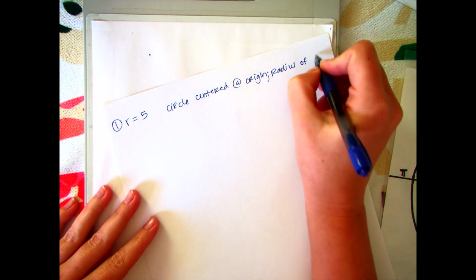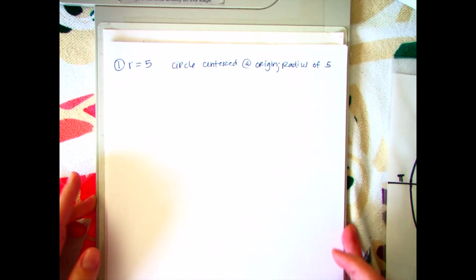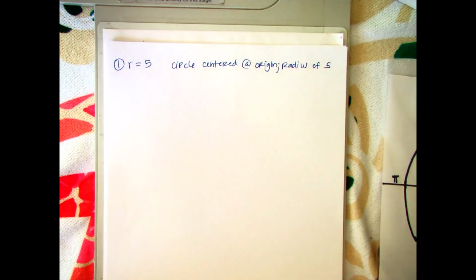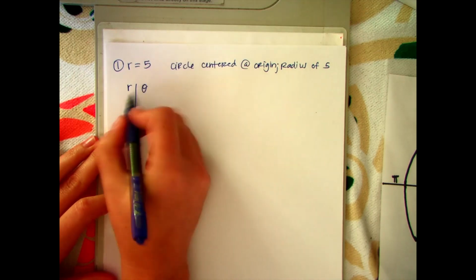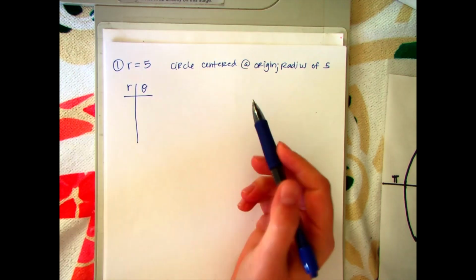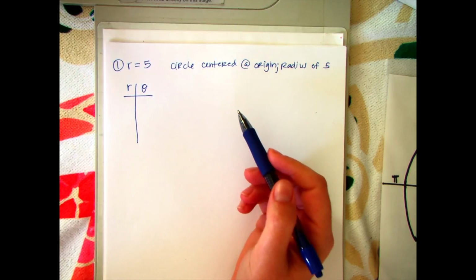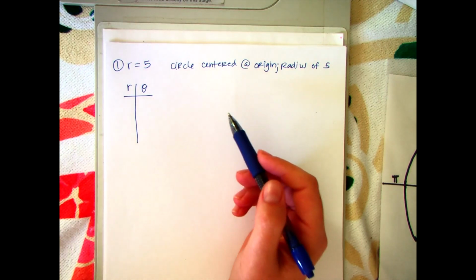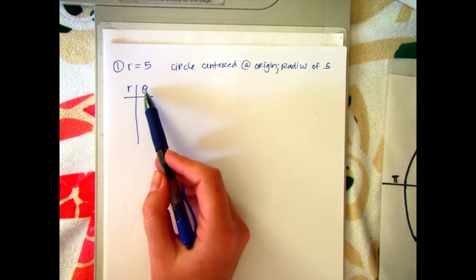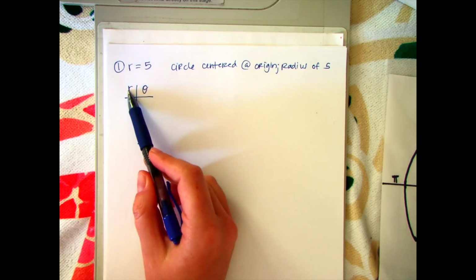Okay, so what I'm going to do is construct a t-table. So we've got r and theta. It's really strange at first to wrap your head around the fact that these coordinates are listed as r comma theta, but what we're actually doing is plugging in theta values to get r's out.